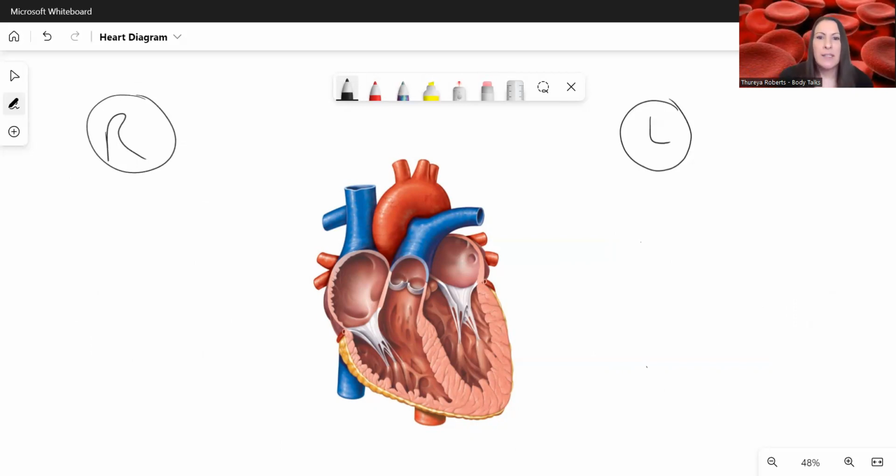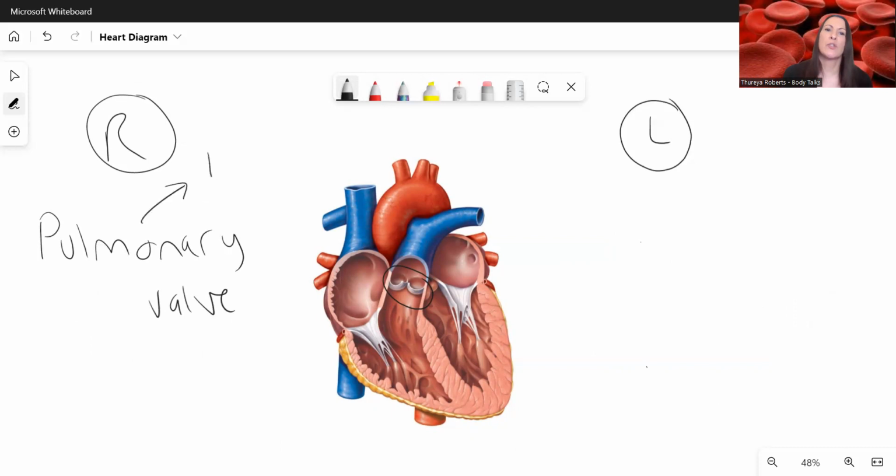So this valve here is referred to as the pulmonary valve. Pulmonary always refers to the lungs. It's called the pulmonary valve because it's taking blood towards the lungs.